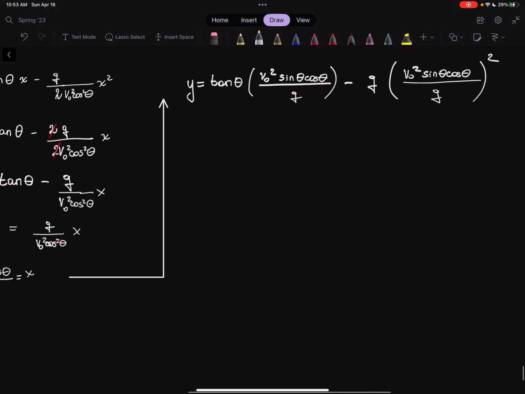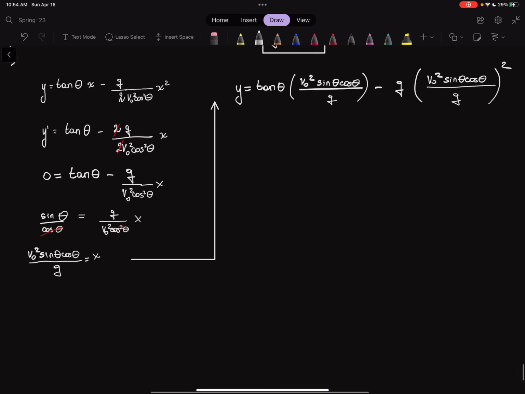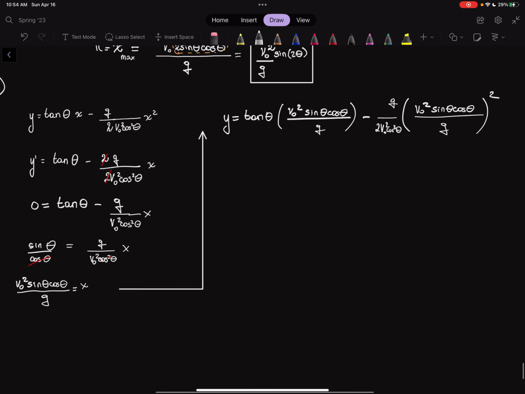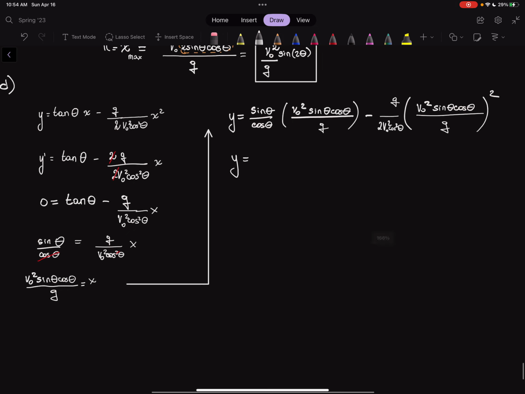So what do we get here? All right, and I forgot to put right here that we also get all of these terms which were the coefficients of the x squared. Okay, so now let's break it into sine theta, cosine theta, so that when we multiply these things out, one of the cosines cancels out, and here we get v naught squared sine squared of theta over g.